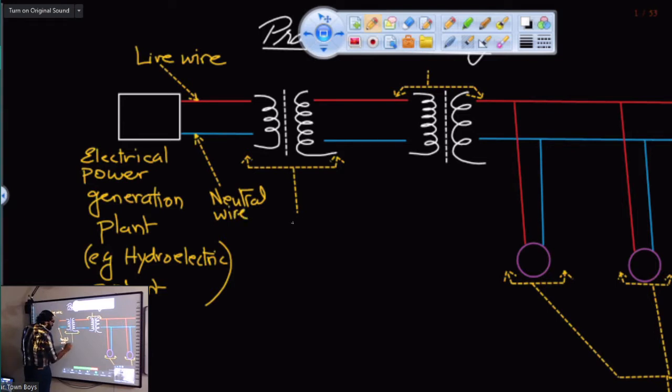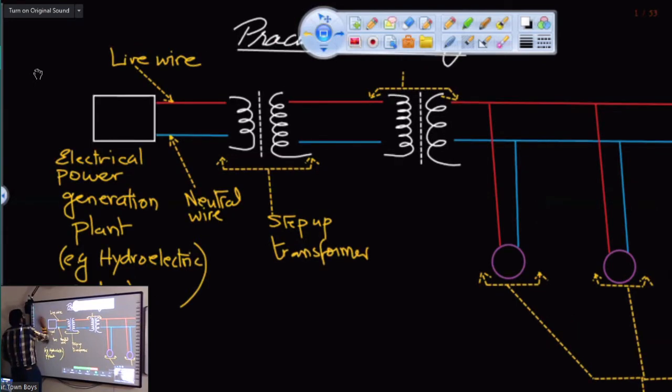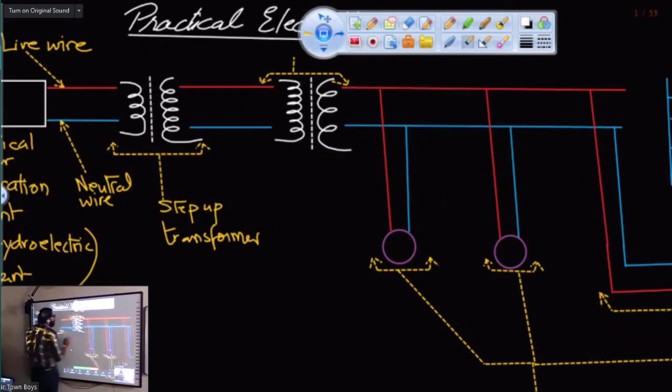Then this is the step up transformer. Then we have this, which is a step down transformer.